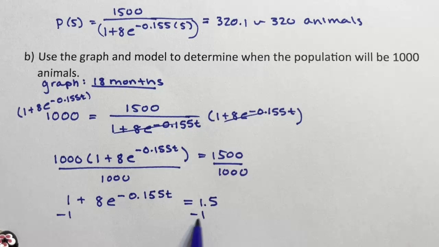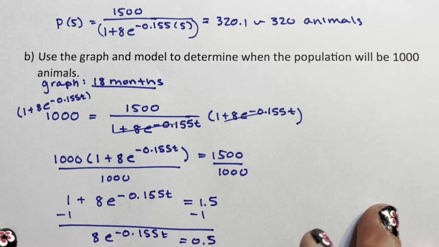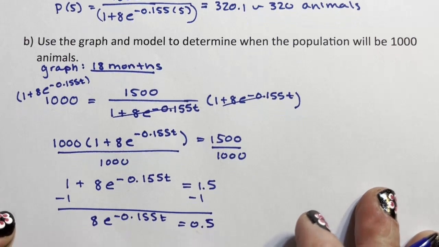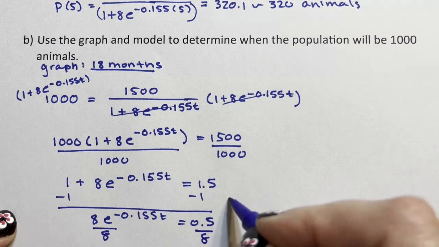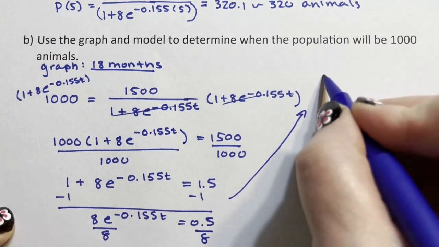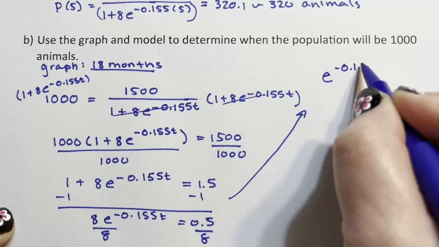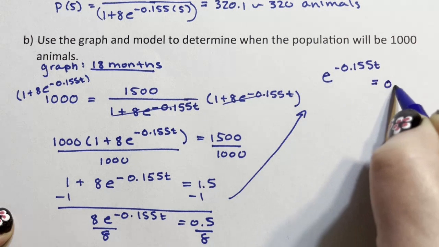Subtract the 1. 8 times e to the negative 0.155t equals 0.5. And then I am going to divide by 8, but I'm also, at this point, going to move all of this up because I have so much more space over here. So I'm going to have e to the negative 0.155t equals 0.0625.